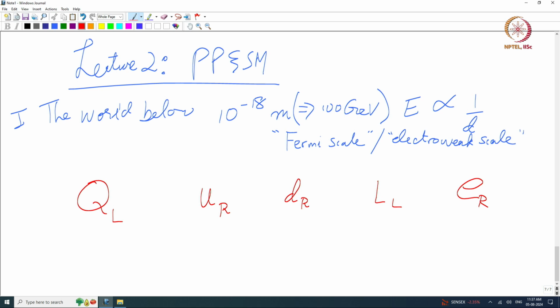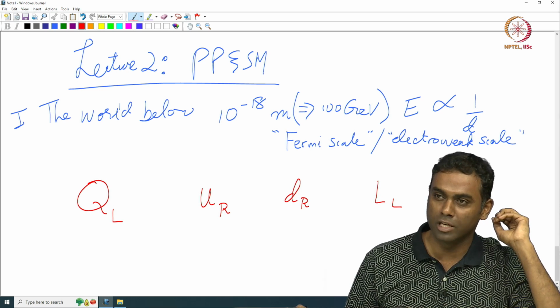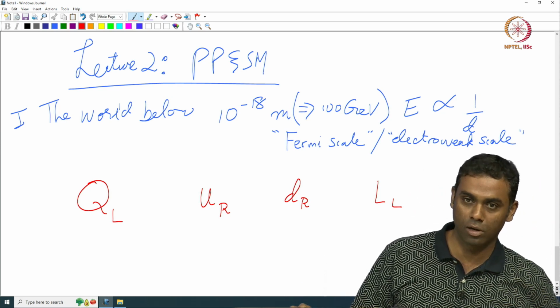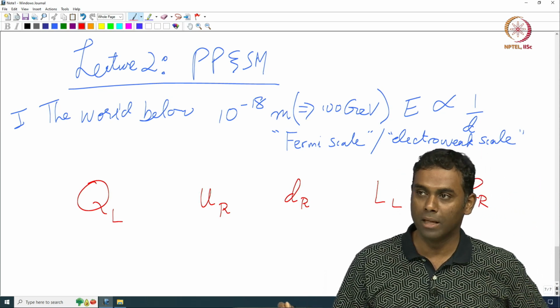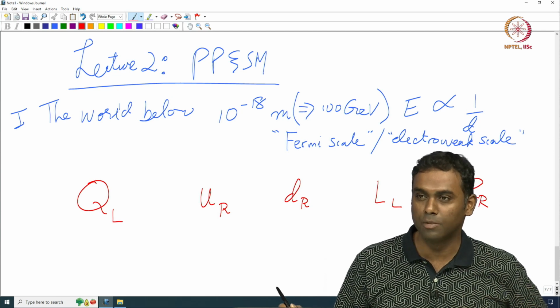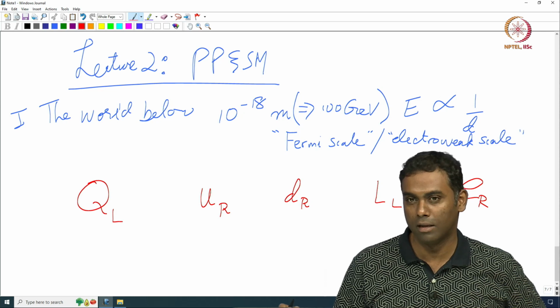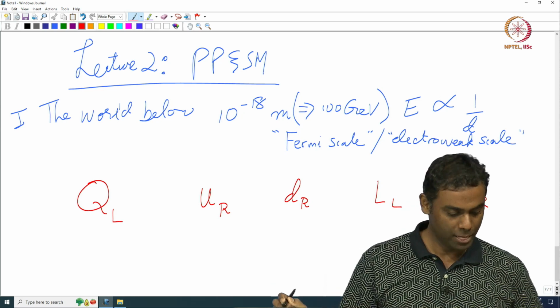The word quarks is applied to a few different objects in field theory. Here people just generally call them quarks, but I would just call them QL, UR and DR. That is probably the most precise way to call them. Why? We will see. The last 2 are generically called leptons, but again these are not quite the leptons. I would just call them the LL and ER fields.